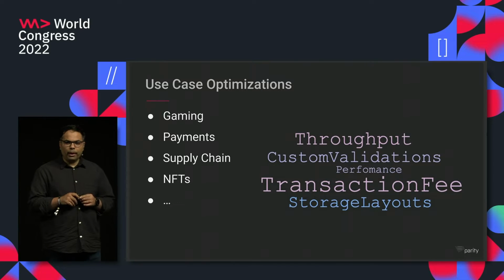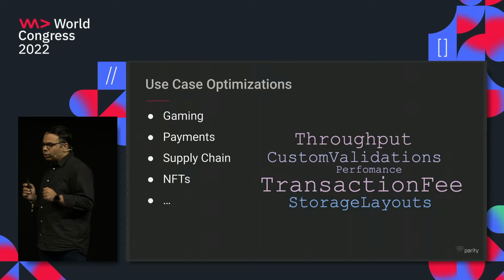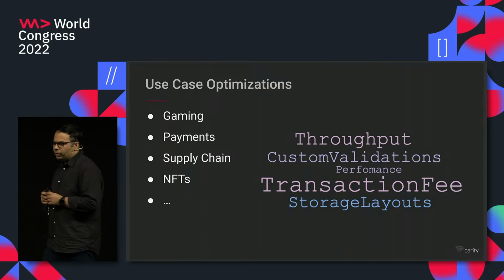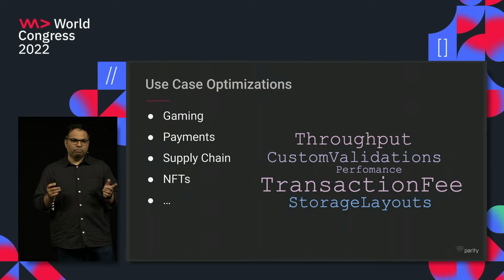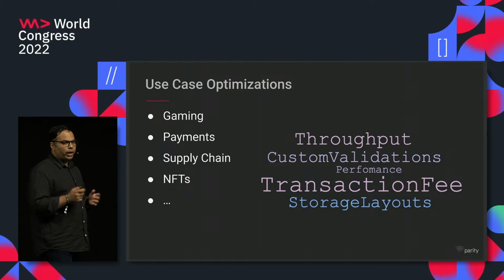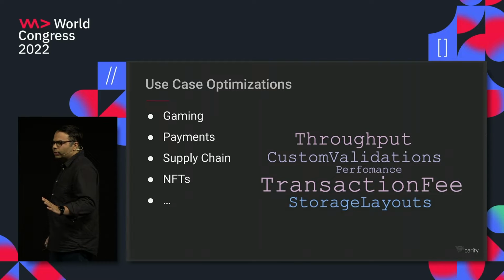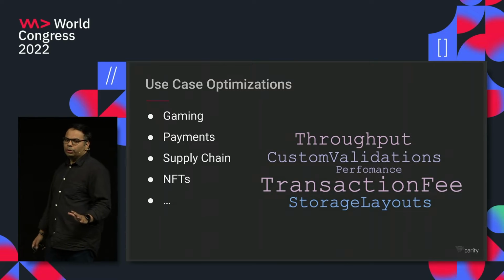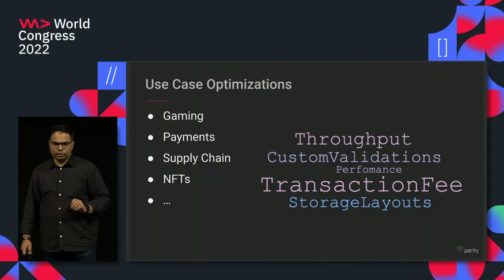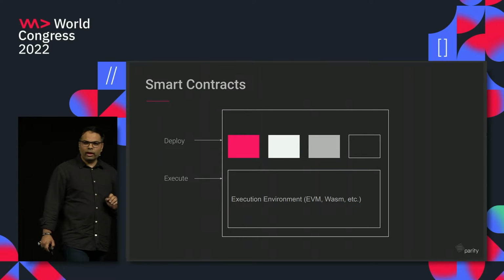When you are building a supply chain blockchain, you want to make sure that you are doing all the different kinds of calculations with utmost efficiency and throughput, and so on. NFTs require a different kind of processing, which sometimes requires you to batch them all together and transfer them. So all of these different use cases of a blockchain require different kinds of optimizations. But the problem is, there is a single execution environment.